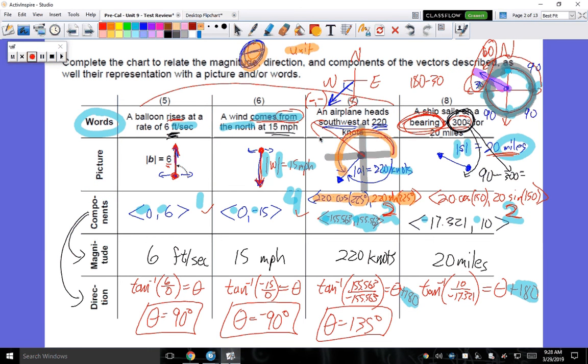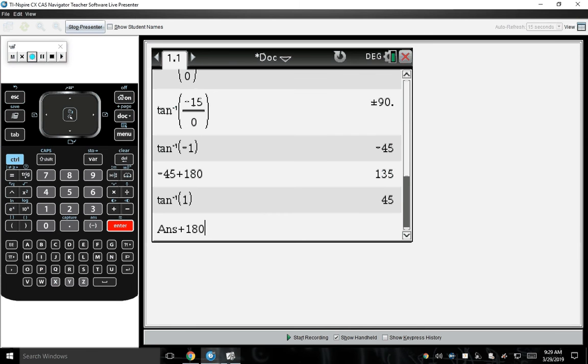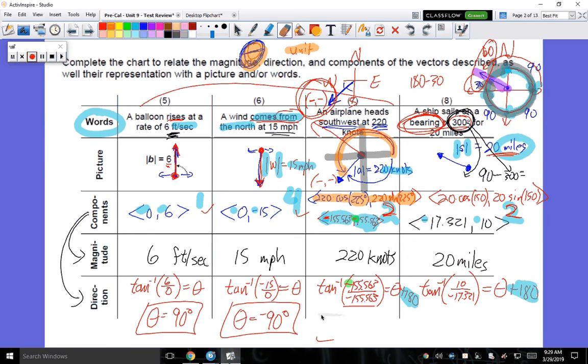So I just caught a mistake, and I'm glad I did, because it should be a negative and a negative here, because it's in quadrant 3, which is negative, negative. I even said that here, but just forgot to put my negative on that y value here. So it should have made this a negative y over a negative x, which in your calculator would have been a positive. Okay, so this should have been a positive 1. Okay, that we're still going to add 180 to, and that looks a lot better. So 225 is what this angle should have been.